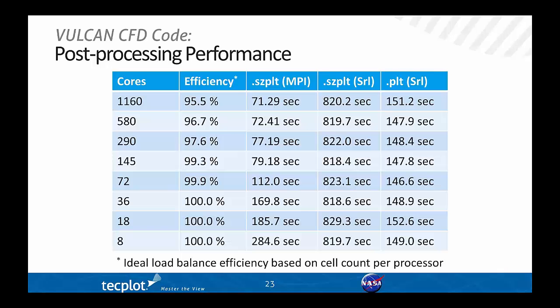Unfortunately, the parallel I/O started to saturate at around 145 cores, and I didn't get any substantial speedup beyond that point. But even once it saturated, the speedup was almost a factor of 3 over the .plt format I/O, and more than an order of magnitude faster than the serial output of the .szplt format.